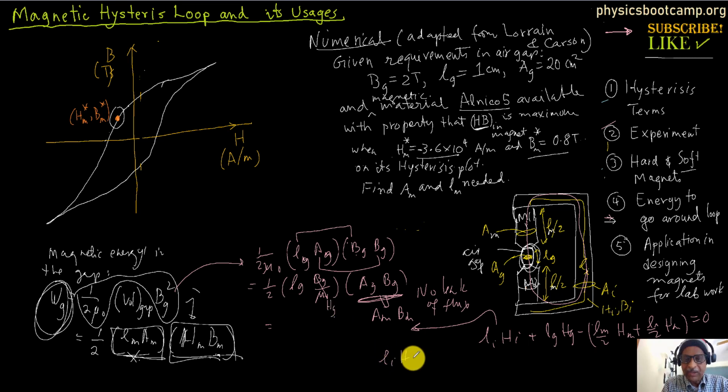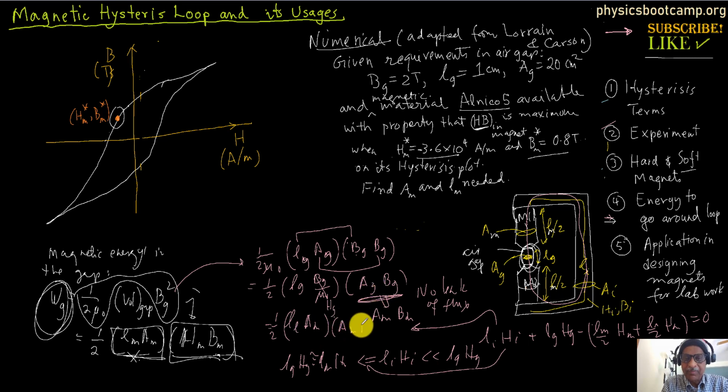So Li Hi is much less than Lg Hg. That just means Lg Hg equals approximately Lm Hm. So this is half Lm, and this thing just Am, Hm and Am Bm, and this gives me that.